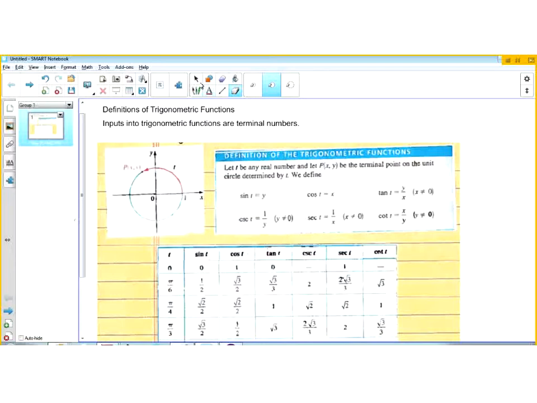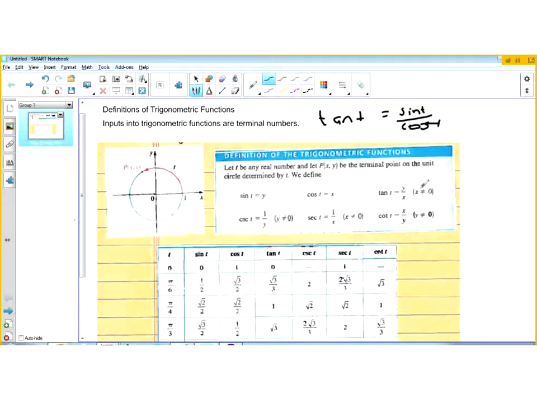All right, so the tangent of the terminal number is the ratio of the ordinate to the abscissa of the terminal point. Or another way of saying this is to say that the tangent of T is equal to the sine of T over the cosine of T. All right, and these are all definitions.